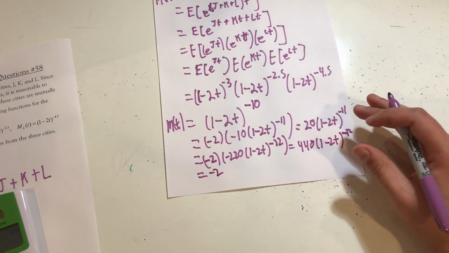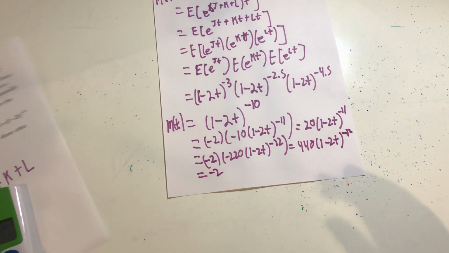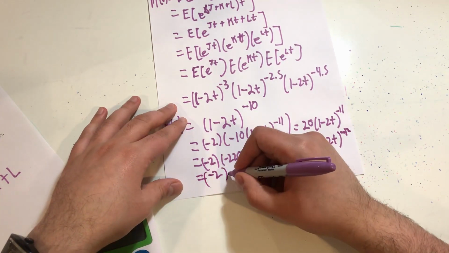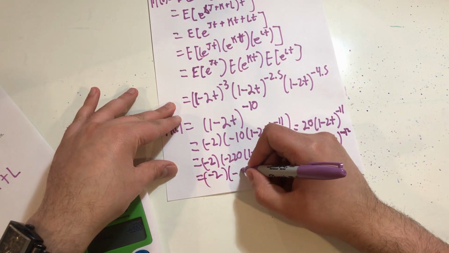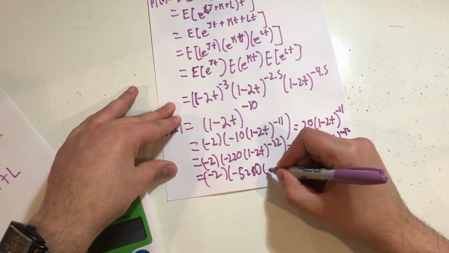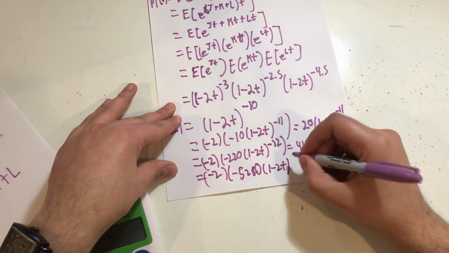Derivative of the outside portion is negative 12 times 440, which is a negative 5,280 multiplied by 1 minus 2t to the negative 13th.